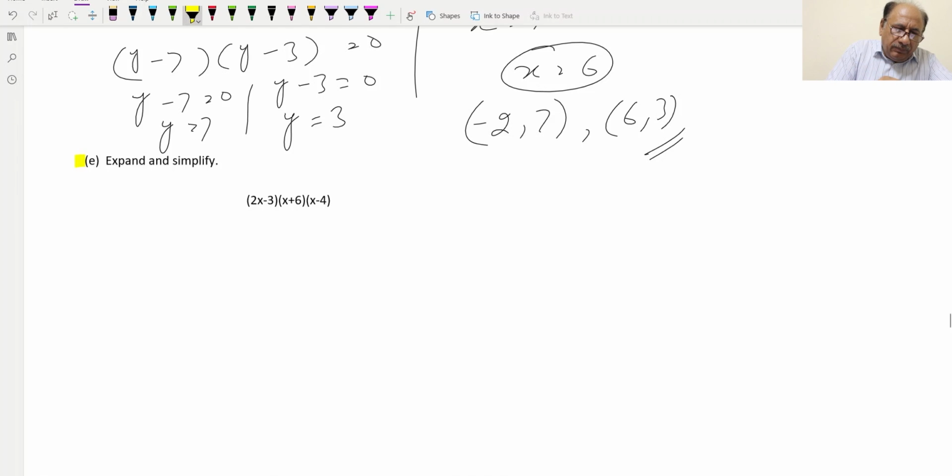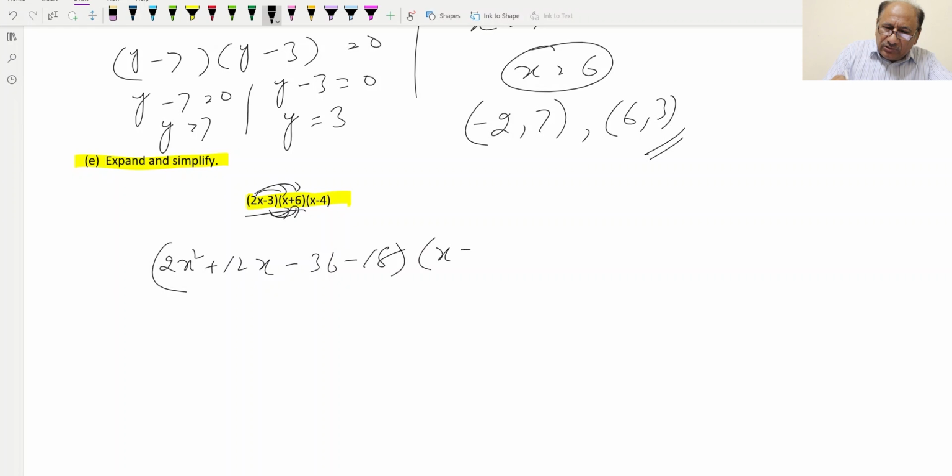Then E part, expand and simplify. This one we will have to expand and simplify. First we expand the first two brackets, so 2x into x will be 2x squared, then 2x into 6 will be plus 12x, then minus 3 into 2x will be minus 6x, and minus 3 into 6 will be minus 18, in brackets, times (x minus 4).